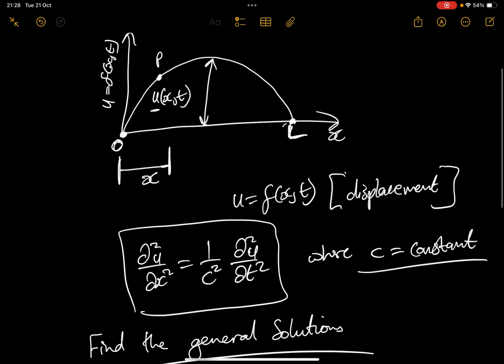So this is our general solution for the wave equation, where a, b, c, and d are constants.